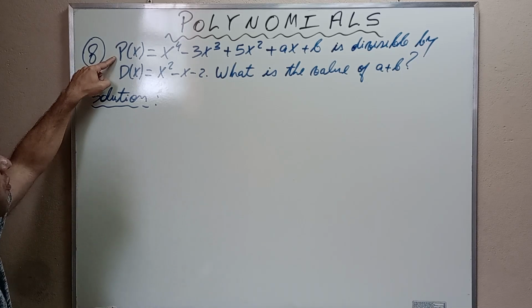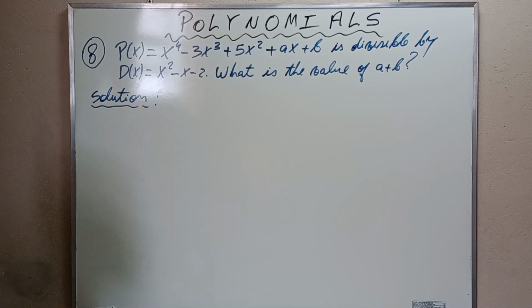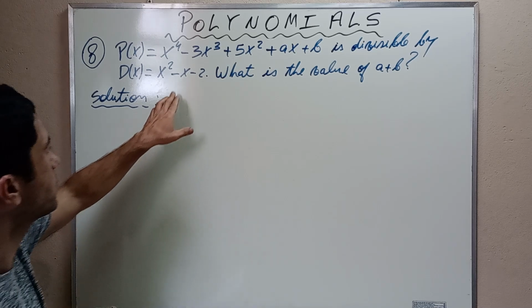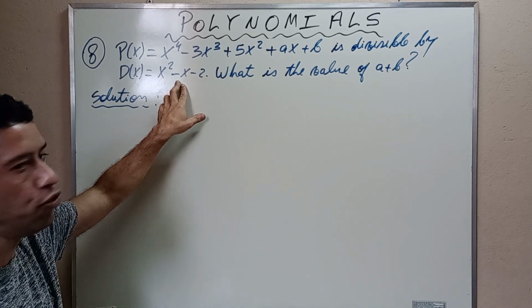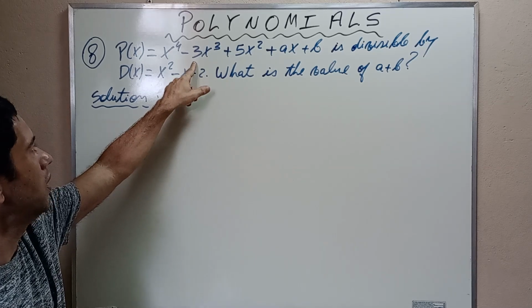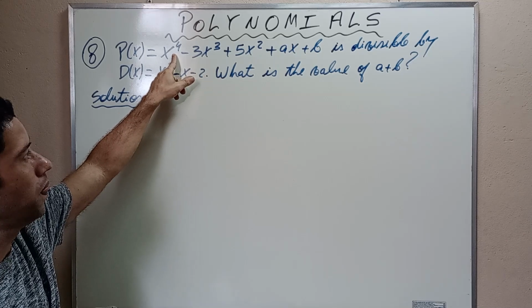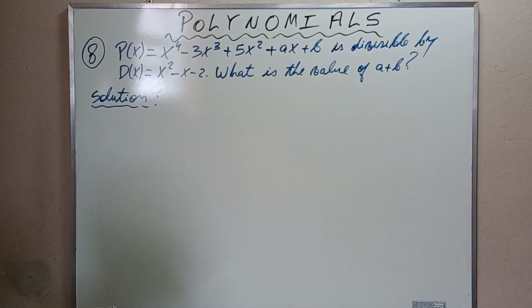If P of x is divisible by D of x, then the remainder is 0. And what does it mean? It means that if I use the roots of D of x in P, I will find 0, okay?